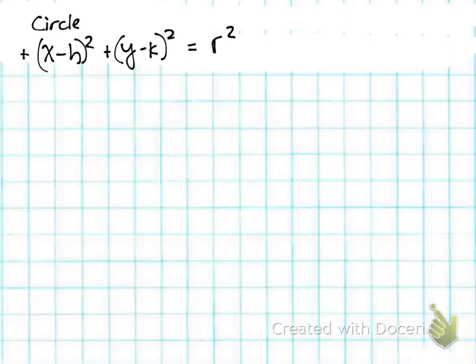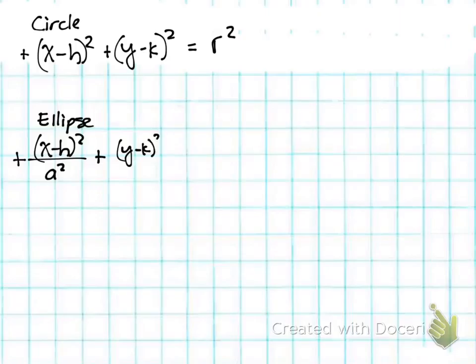An ellipse is very similar. We're going to have a positive first term, so x minus h squared all over a squared plus y minus k squared all over b squared, which is equal to 1, okay?